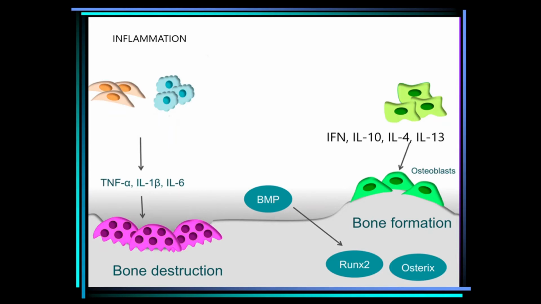Cytokine is also known as cell talking. This is the way cells talk to each other, whether they are feeling good or feeling bad. The cells will start secreting interleukin 6, interleukin 1 beta, tumor necrosis factor alpha, and once the concentration of these components increases, osteoclasts will be activated and resorption of bone will take place.